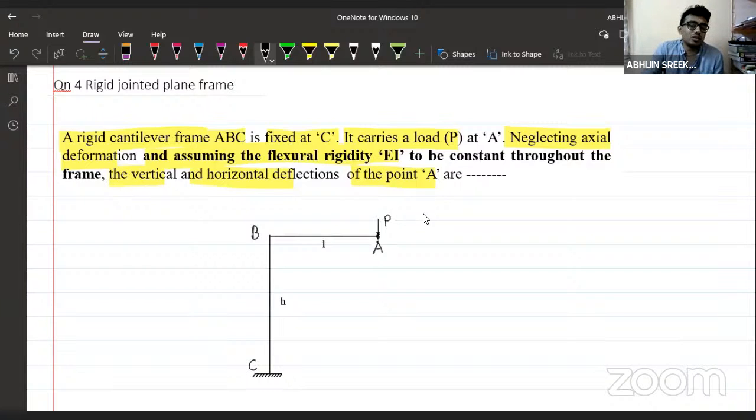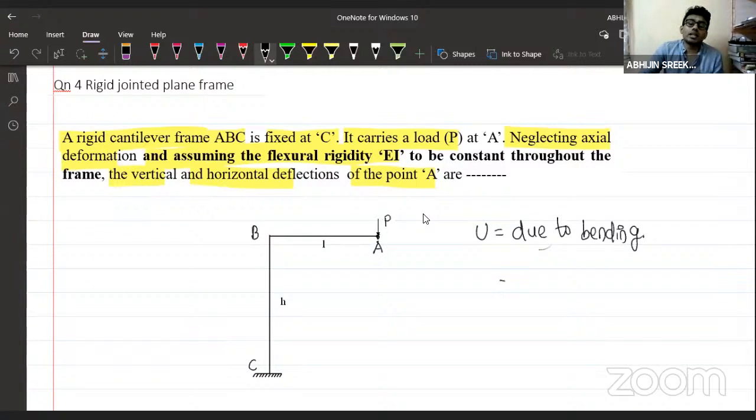Is the strain energy here due to axial deformation? Strain energy in this frame is not due to axial deformation. The strain energy stored in this member, U, will be due to bending.